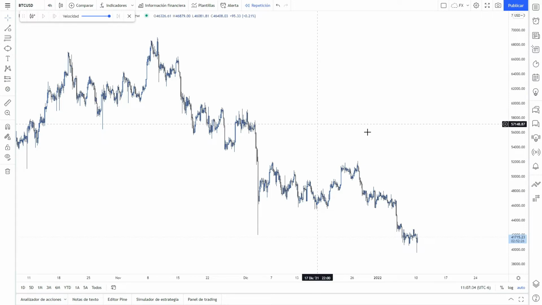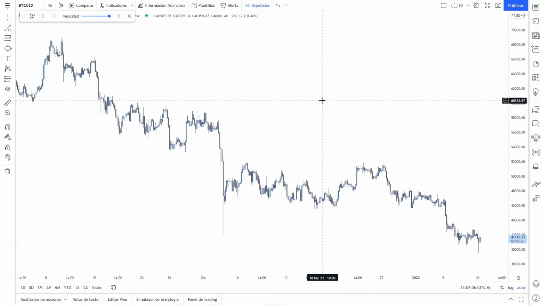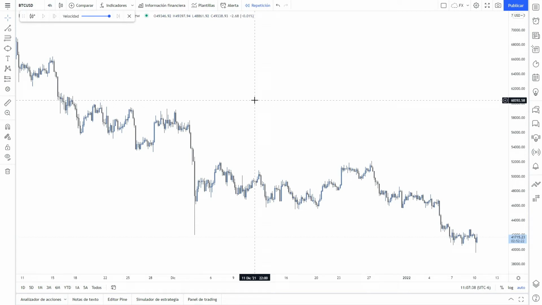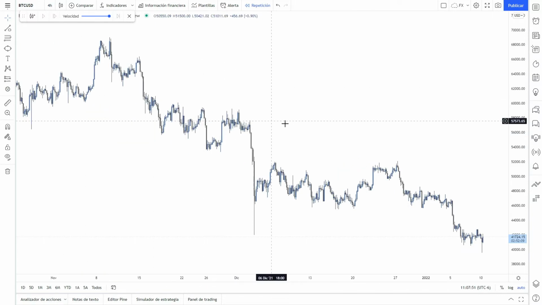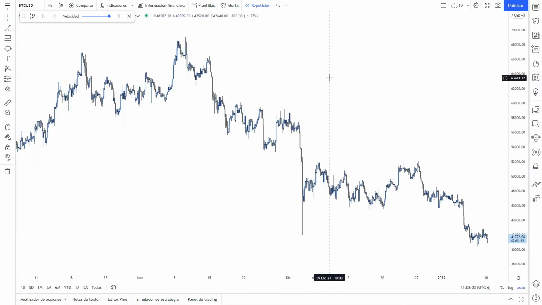First things first, we need to identify strong movements, strong and fast, accelerated movements. That is very important. Why? Because this tells us that a huge institution, someone with tons of money, placed an order here, either a buy or a sell order.